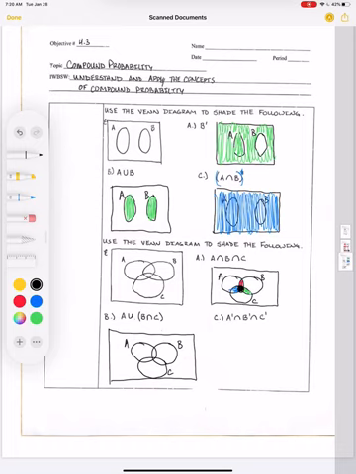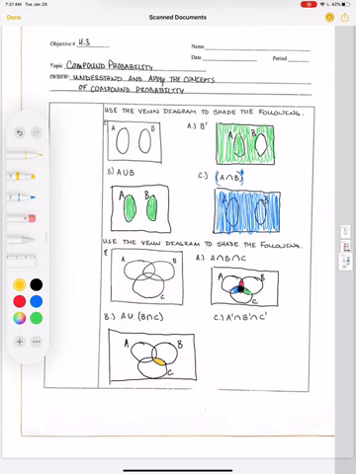So we're looking at A union B intersecting C. Now I'm going to use order of operations here, and I'm just going to work with what's inside the parentheses first. So where does B intersect C? Okay, meaning where do B and C cross? Okay, so B and C cross here. They also cross in the middle, so I'm going to fill that in as well. So there's that.